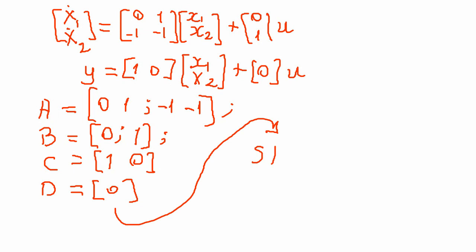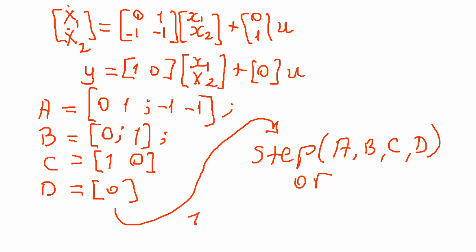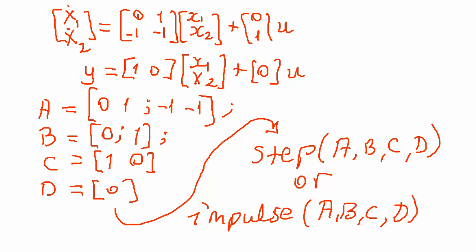Now either you are going to write step A, B, C, D, or if you want impulse, for impulse, you are going to write impulse A, B, C, D. Then of course you are going to write grid and title and things like this.